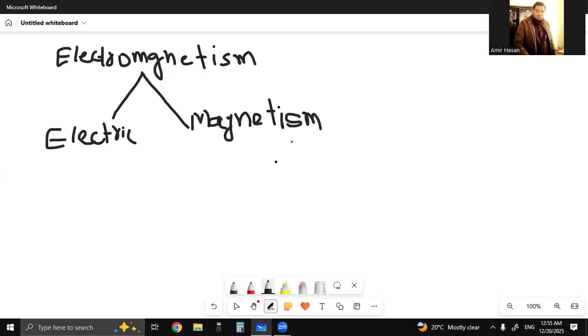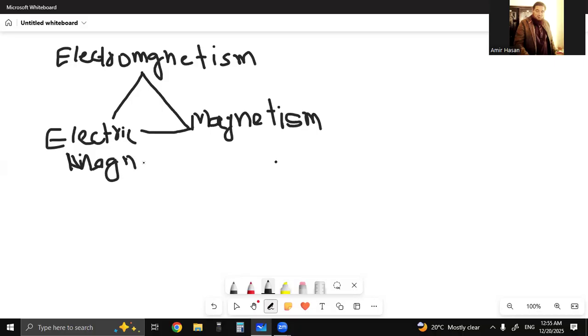The topic is electromagnetism, the relation between electricity and magnetism. The first subtopic of this major topic, electromagnetism, is the magnetic field. Okay, this is the first topic.